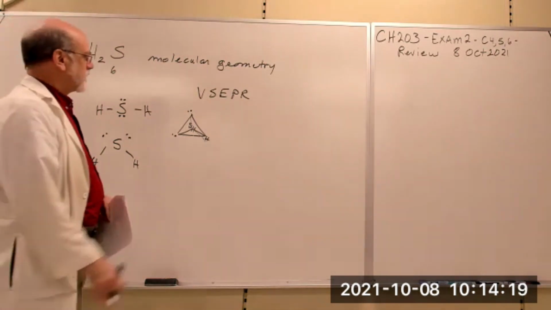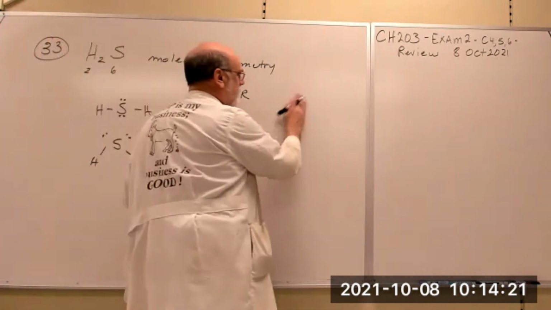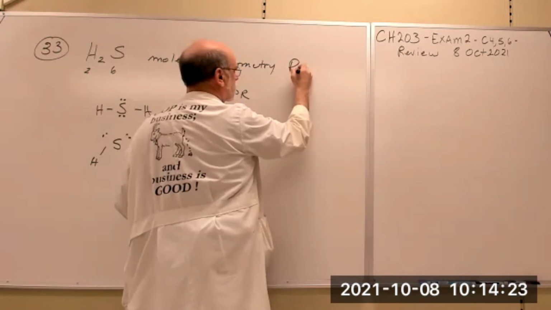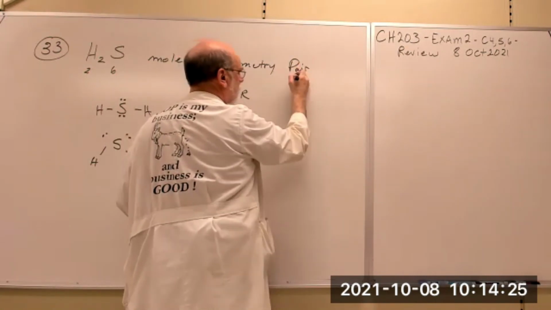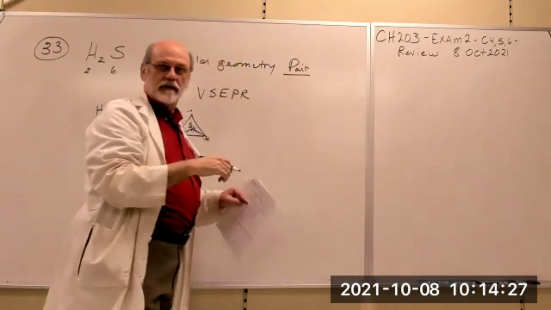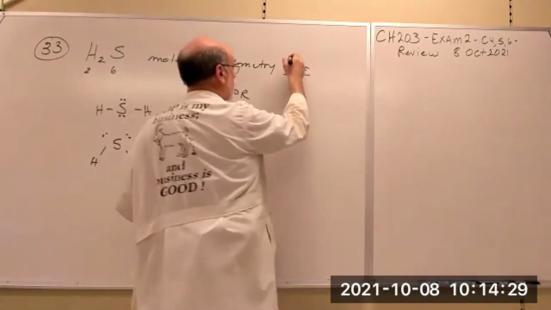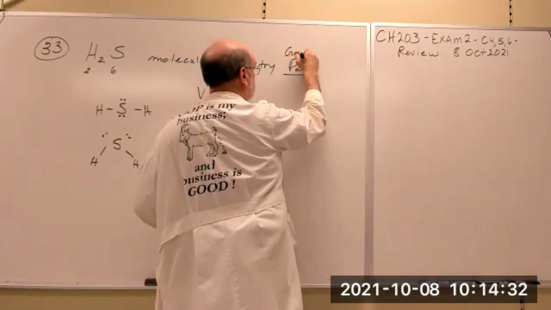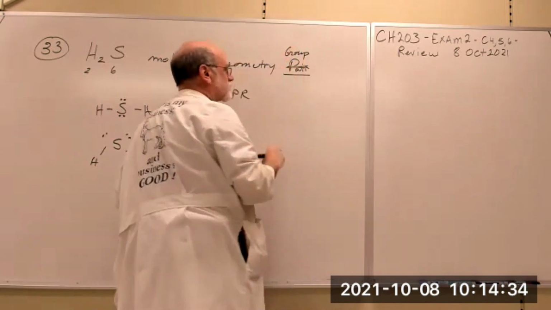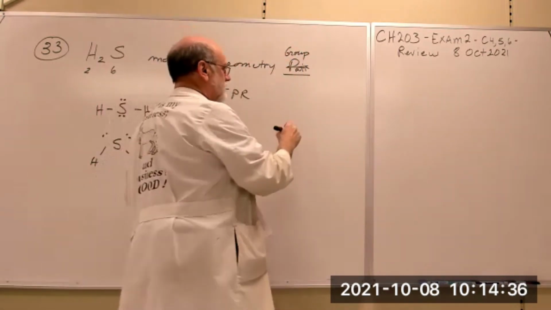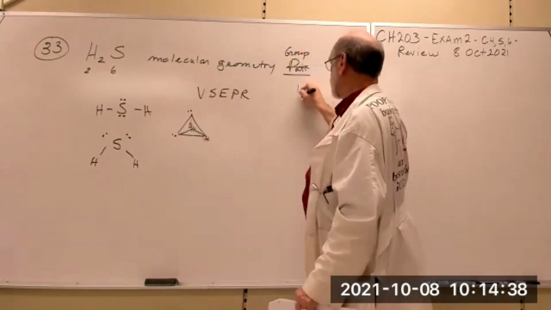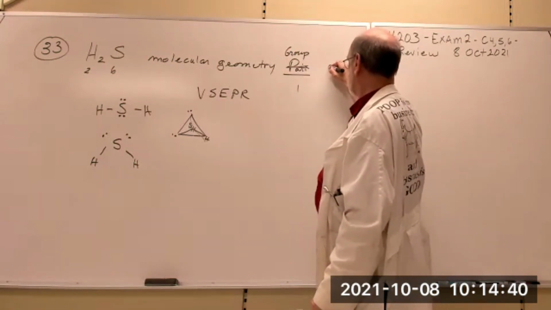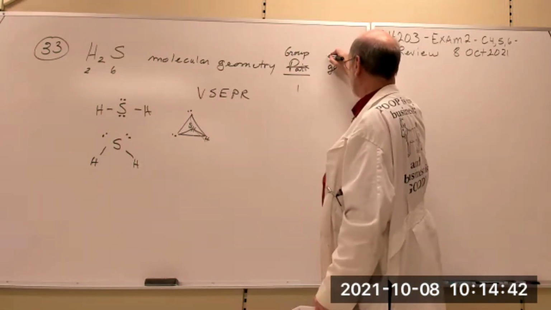So you remember when I gave you the number of pairs, lone pairs or bonding pairs, doesn't matter. Actually, it's not pairs, it's groups. Groups of electrons. Now this is the electronic geometry.